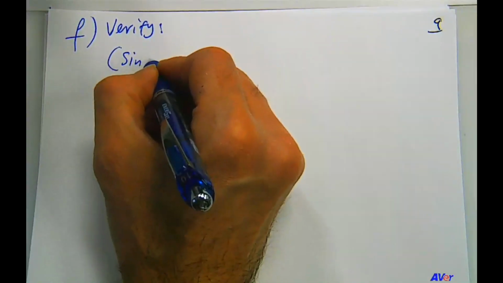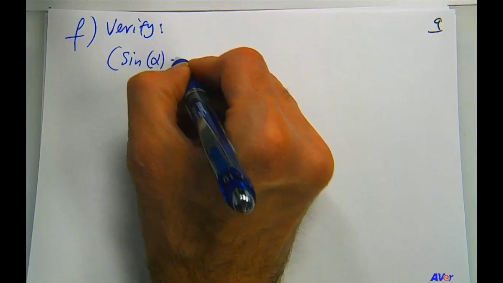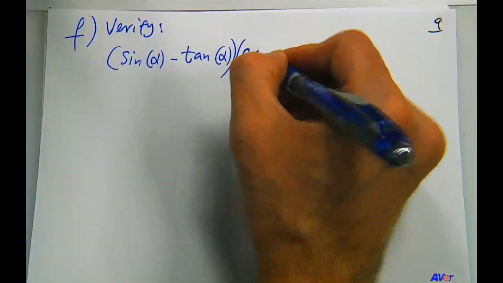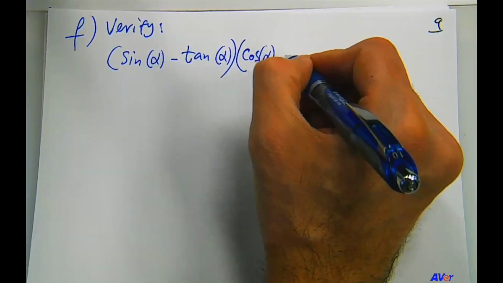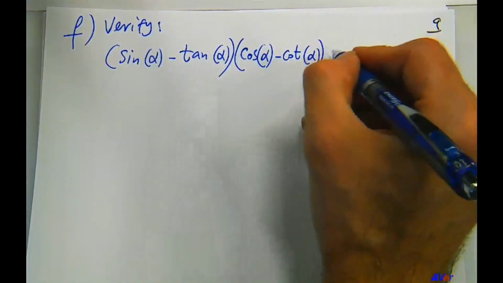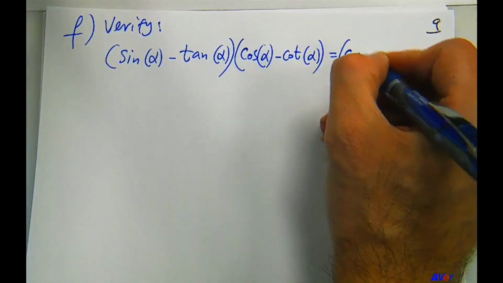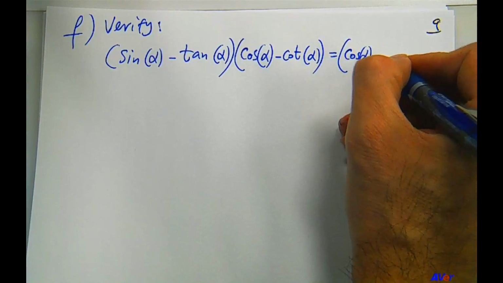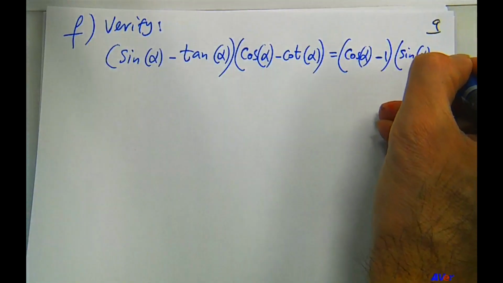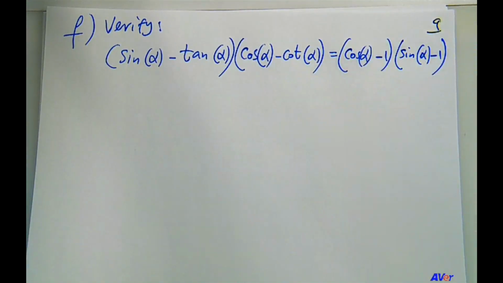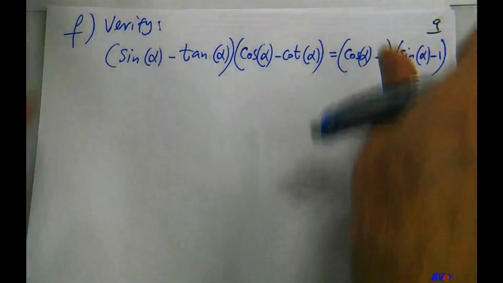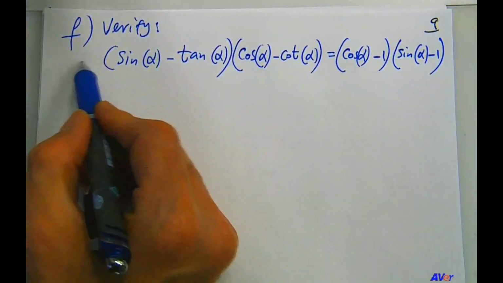We have sine of alpha minus tangent of alpha times cosine of alpha minus cotangent of alpha, and that's equal to cosine of alpha minus 1 times sine of alpha minus 1. Okay, so it barely fit across the page. I'm glad, I should have started maybe a little bit this way.